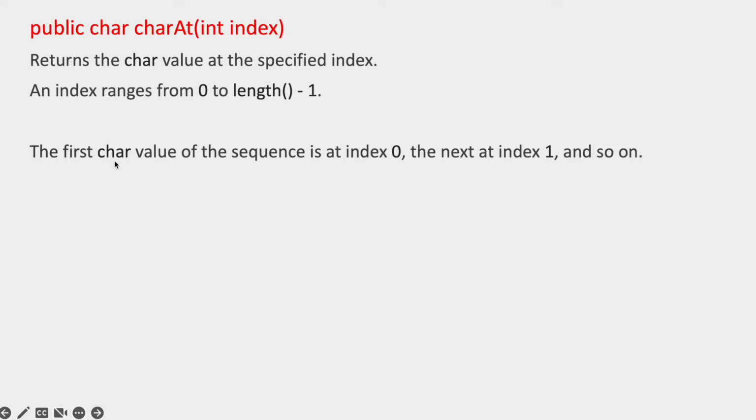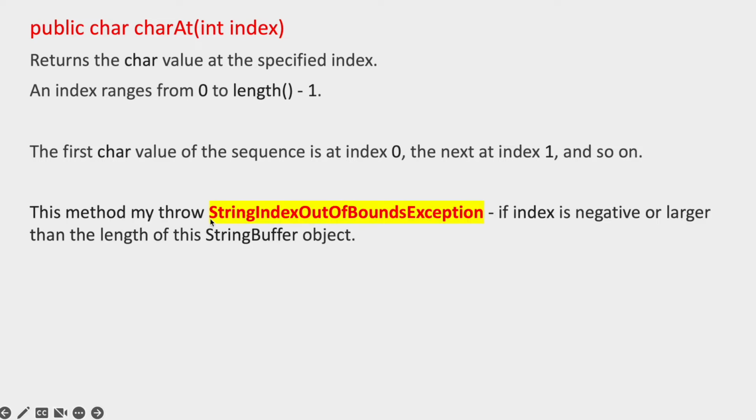That means the first character has index 0, the next character has index 1, and so on. This charAt method may throw StringIndexOutOfBoundsException if the index is negative or larger than the length of the StringBuffer object.